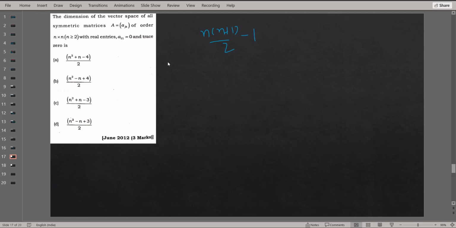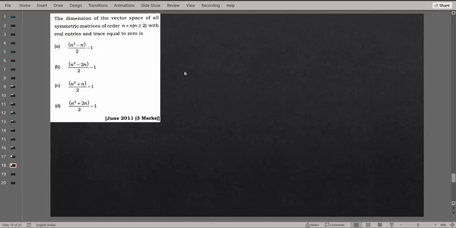It is also given that trace is 0, so a22 plus a33 plus and so on plus ann equals 0. We can find one unknown from here, so minus 1 also. So the dimension will become (n square plus n minus 4)/2. So the correct option is A. Now we will move to the next question, and the last one.